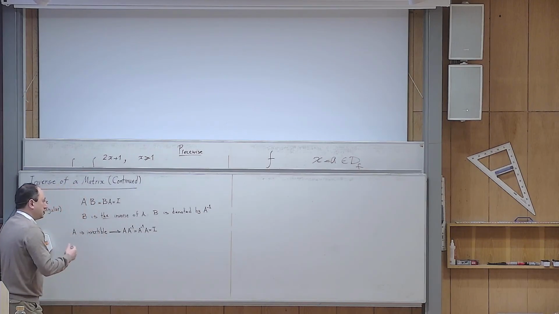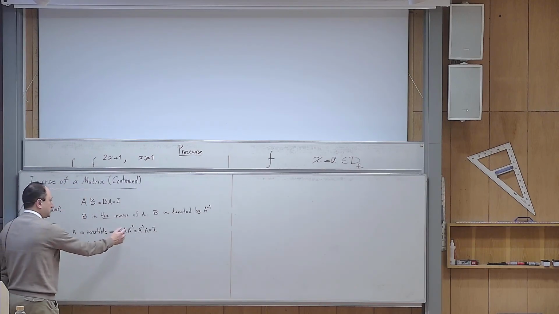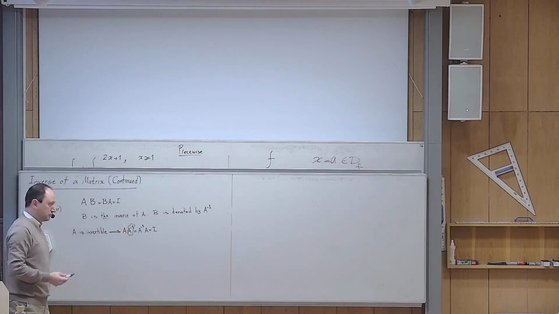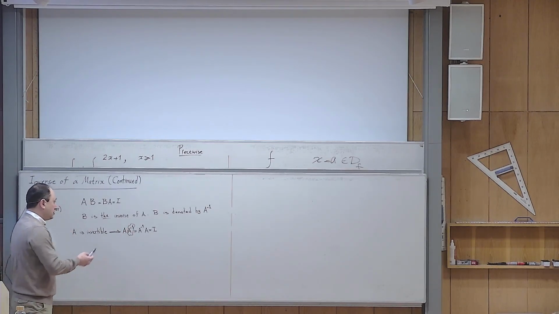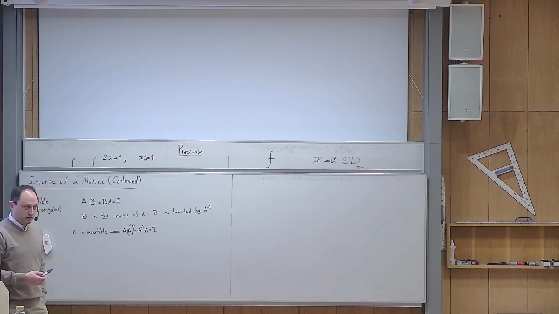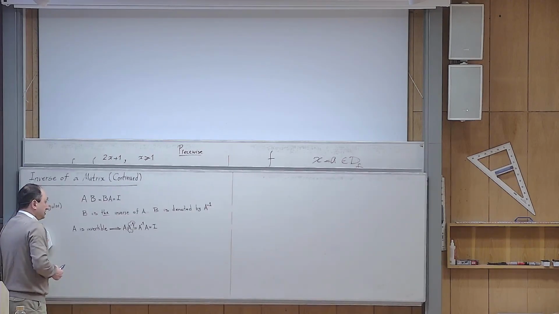So remember that in matrix theory, whenever you want to use the inverse of a matrix in some argument in your problem, before that you have to convince yourself that that matrix is invertible. You cannot just start using the symbol A inverse without first justifying that it really exists. That is important. Okay.